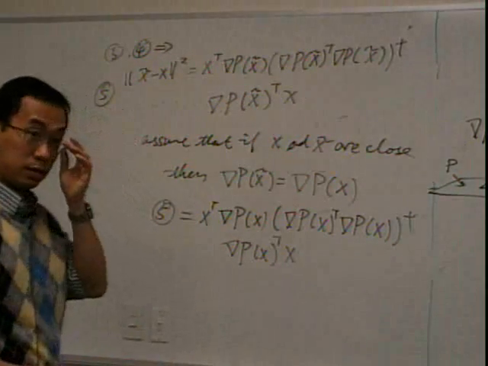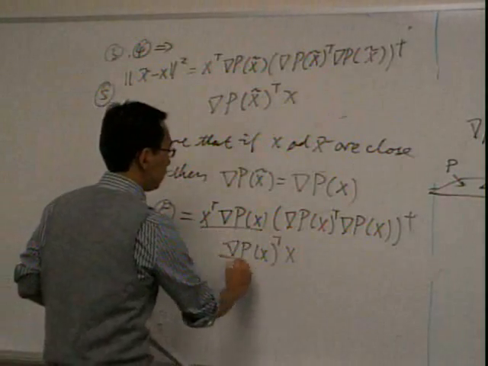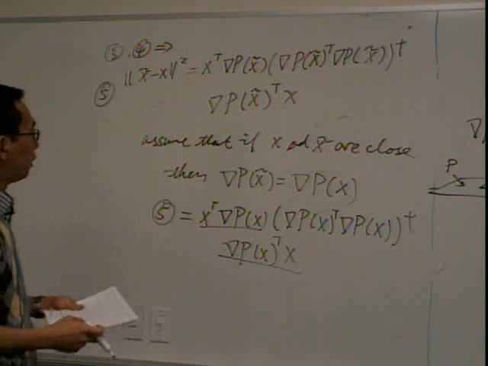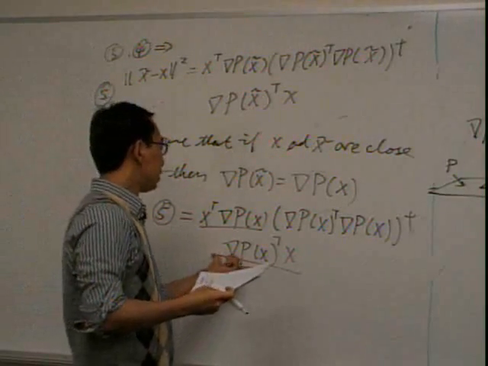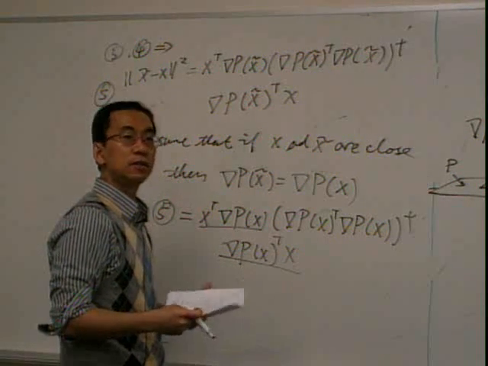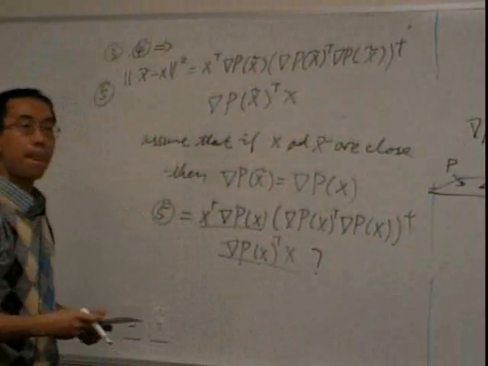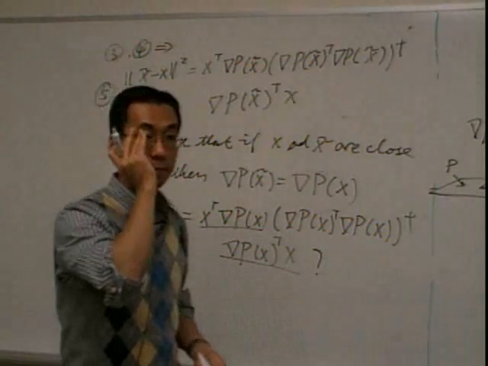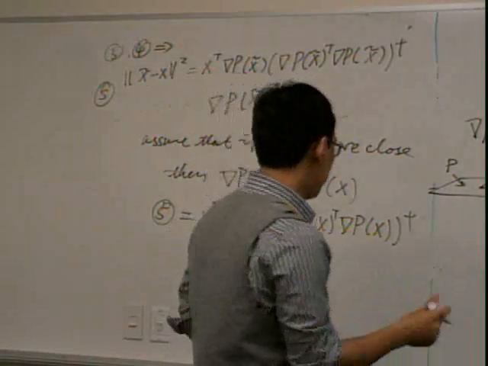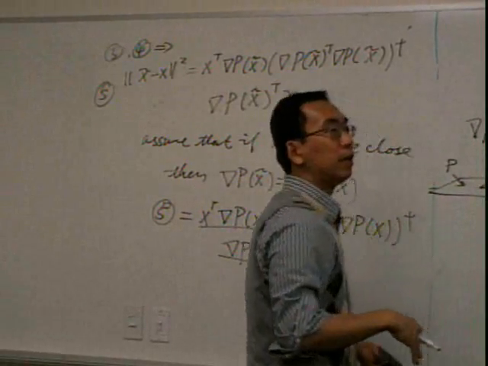Okay? Now, the last thing is, what is this guy? The derivative of P evaluated at x transpose times x is equal to what? What's the value of this guy? So let me give you a simple example. Just think about that in one variable.